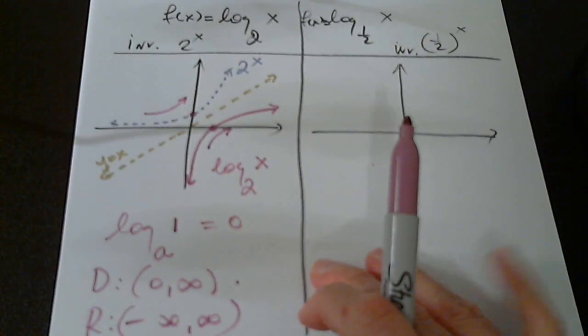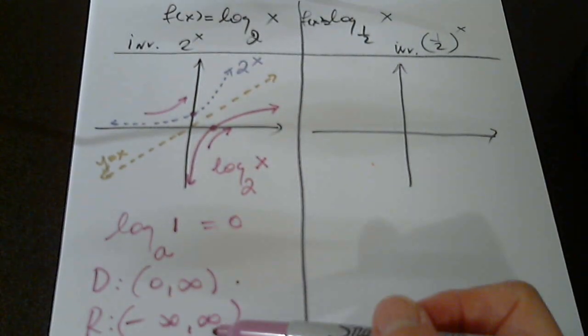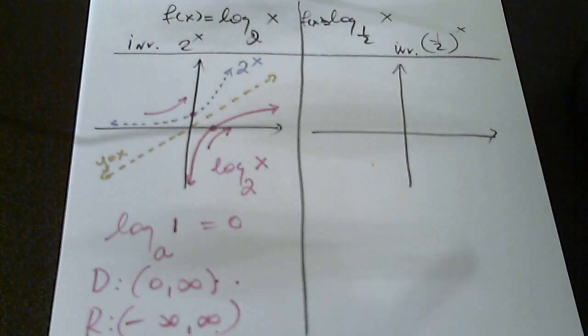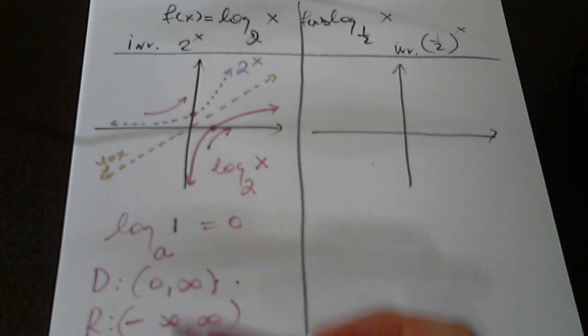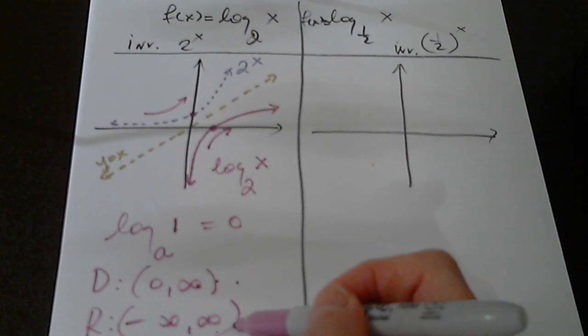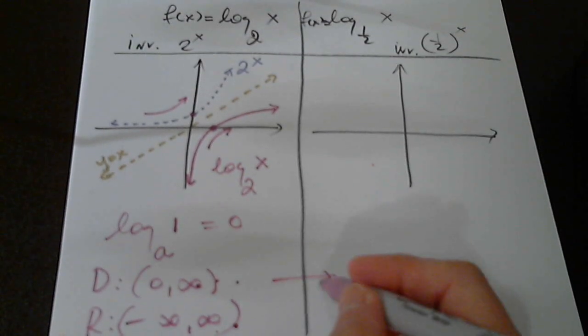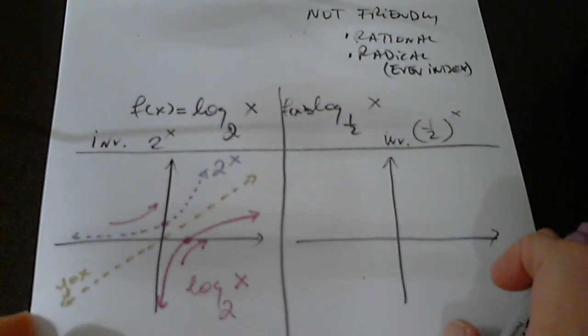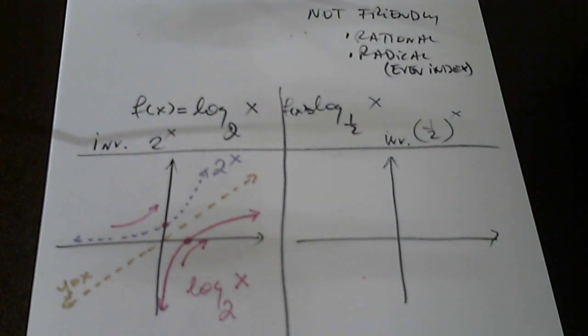The exponential is. It has domain this and range this. In order to bring everything back with an inverse process, of course the domain of the log is this and the range is this. Same thing for both of them. It doesn't matter. Good.